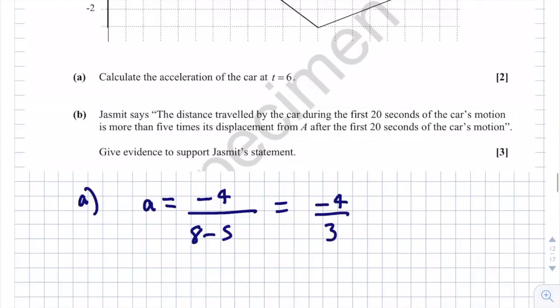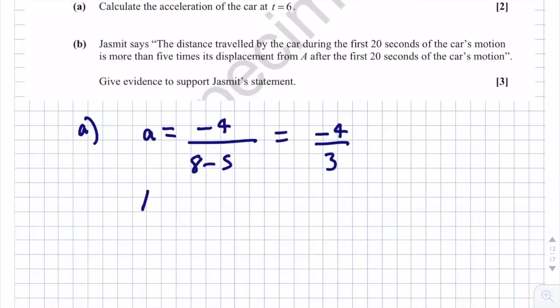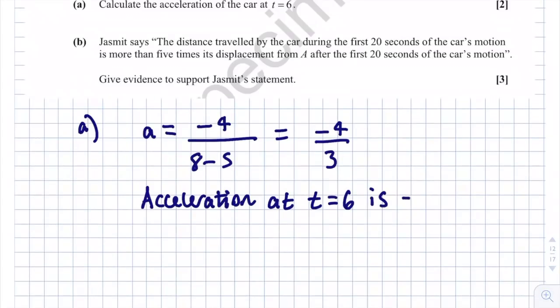What that means is the deceleration is 4 thirds meters per second squared. But acceleration can take positive and negative values. So the acceleration at t equals 6 is minus 4 thirds meters per second squared.